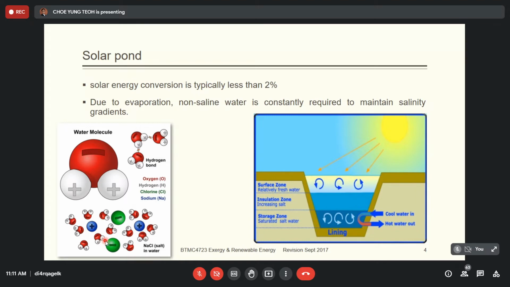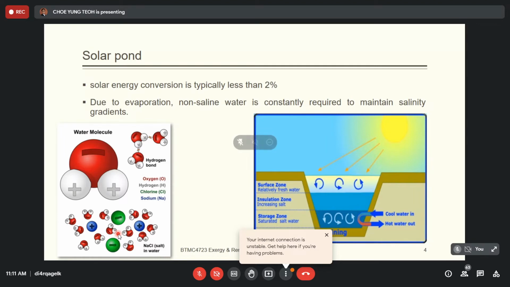But when the salt dissolves in water, the water density will increase. Per unit volume, the amount of molecules in the water will be more, so it leads to a higher weight. At the same volume, the weight becomes higher, which means it becomes heavier.